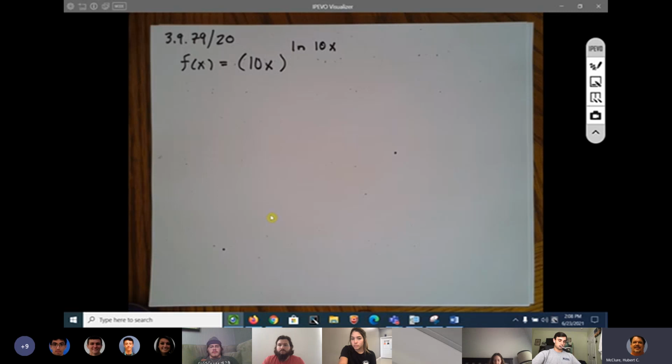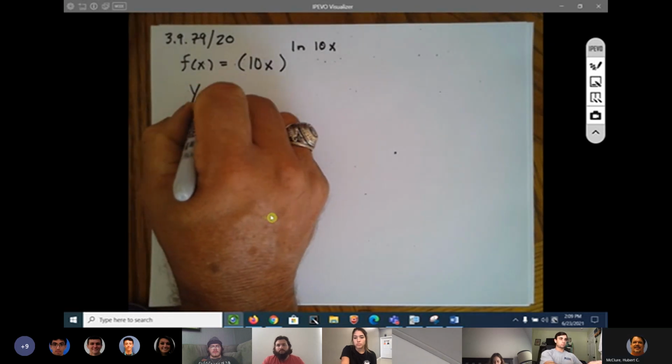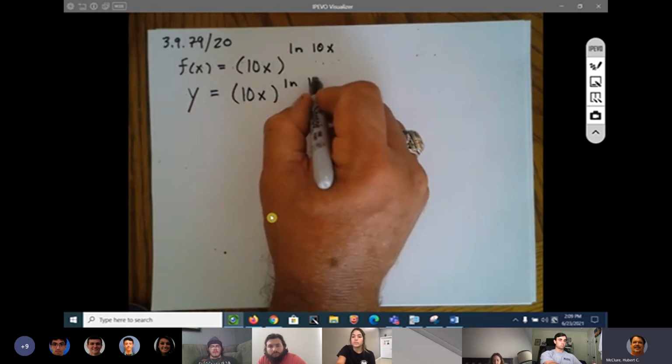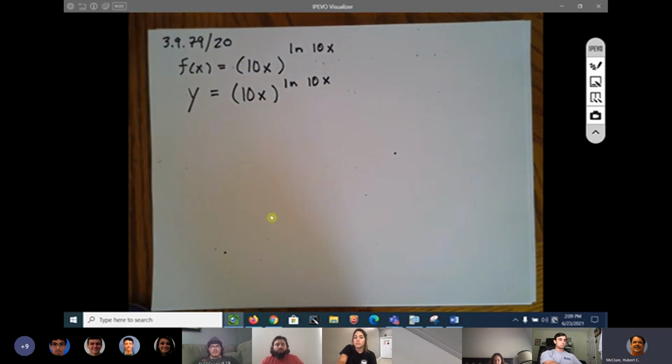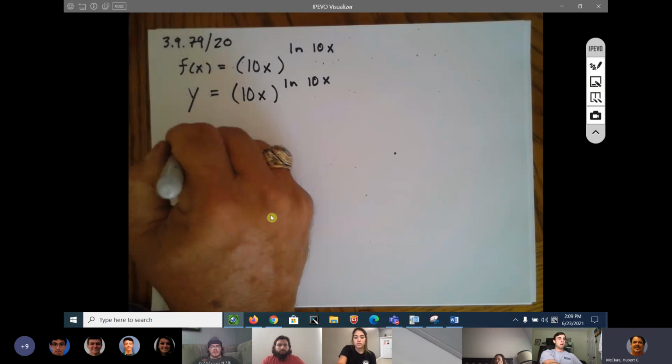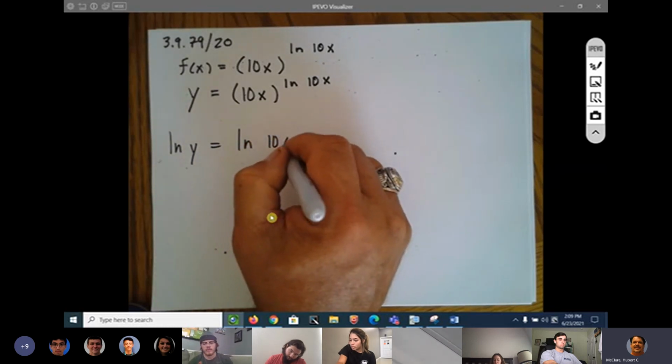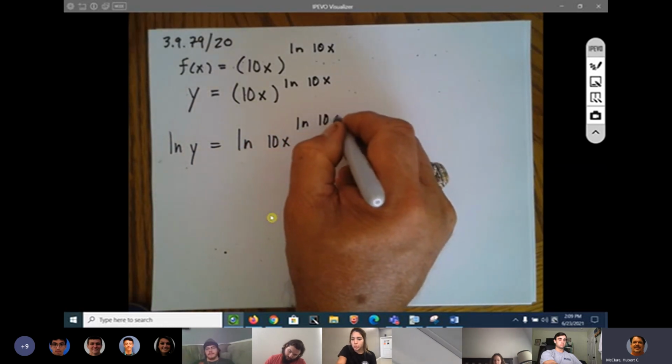Change it to y and take the natural log of both sides, and once you get it down to a simplified algebra problem, that'd be y is equal to 10x to the natural log of 10x. Now take the natural log of both sides. Natural log of y is equal to the natural log of 10x times the natural log of 10x.